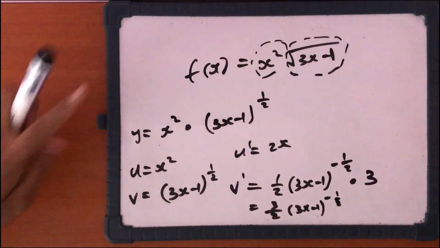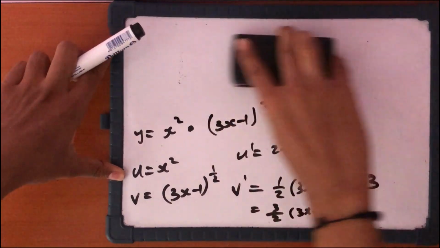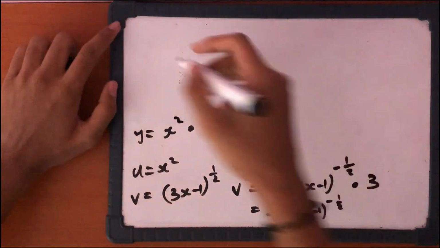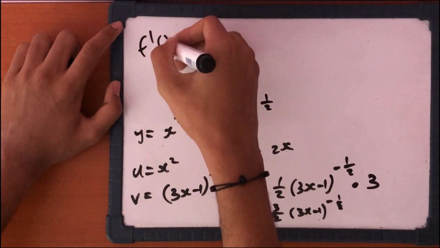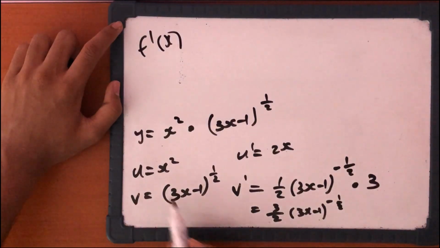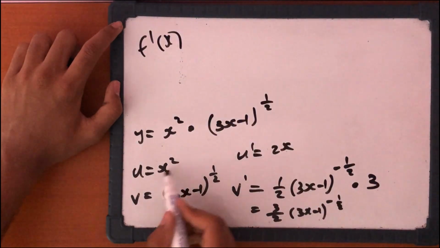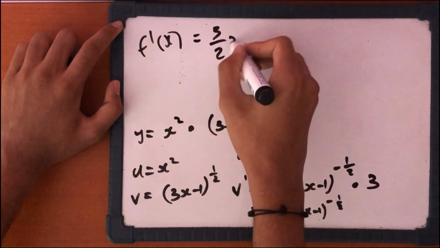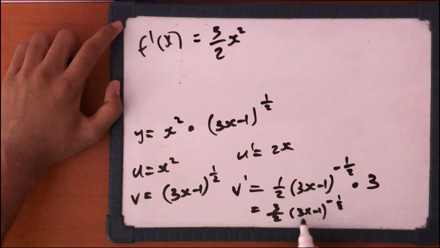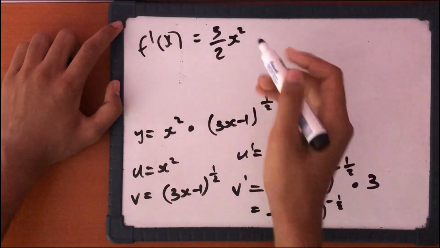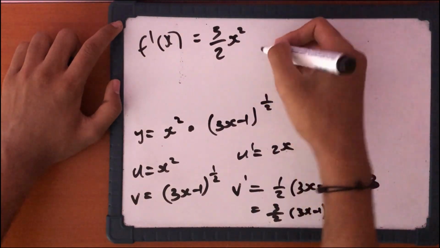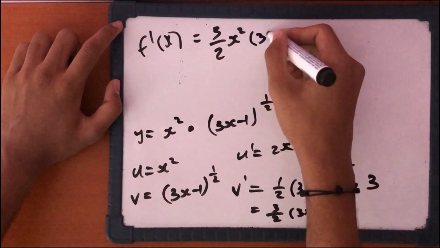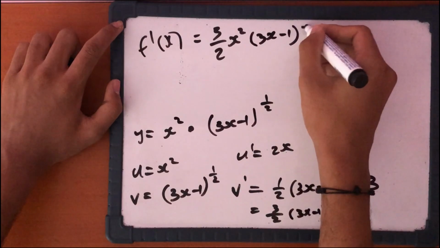So the final answer, which is the derivative of f of x, in set notation we write it as f prime of x, is uv prime plus vu prime. So it will be this multiplied by this. So 3 over 2, x squared into this, (3x minus 1) raised to negative a half.